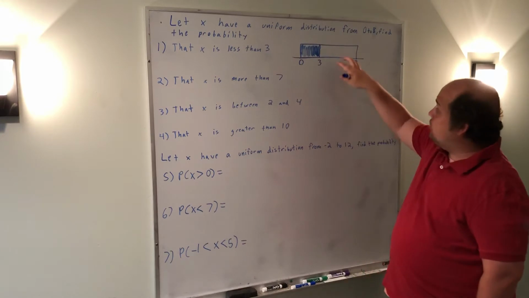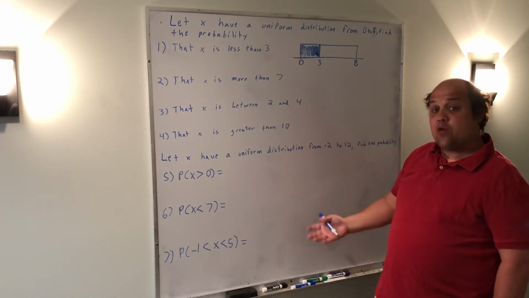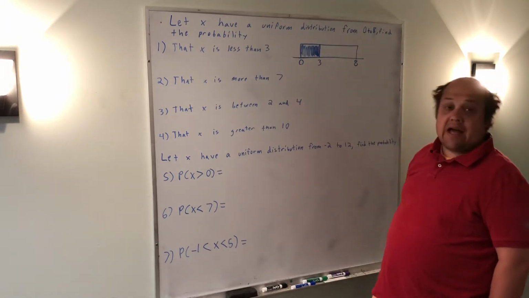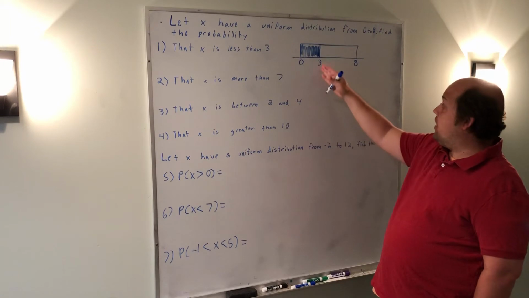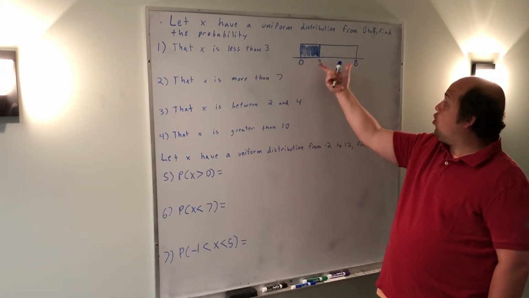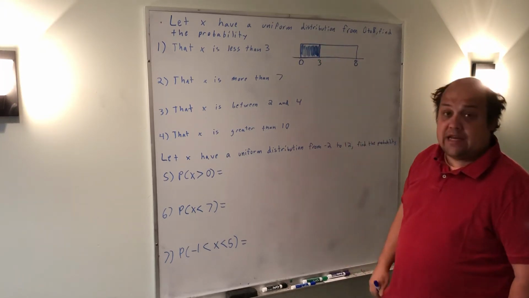What I now need to do is take this picture and translate it to a probability. The way I'm going to do that is I'm going to use the denominator as the whole space of the box, and I'm going to use the numerator as the shaded space in the box. So if I take shaded over whole box, that'll tell me the probability that I land in the shaded area.